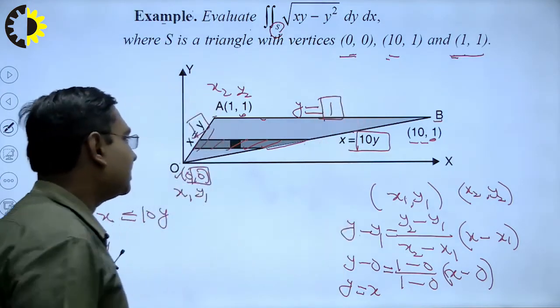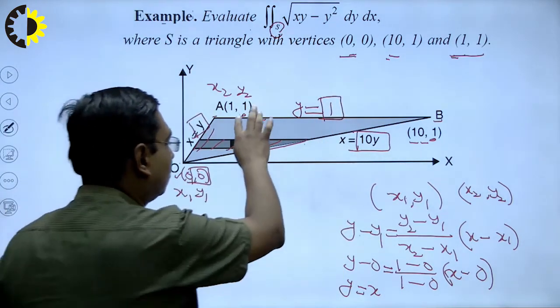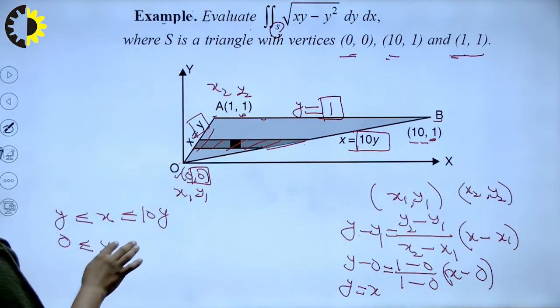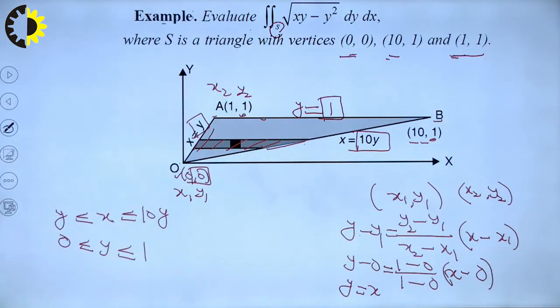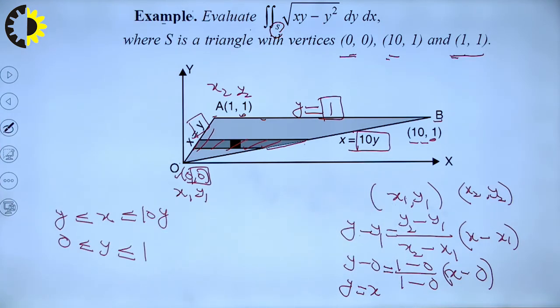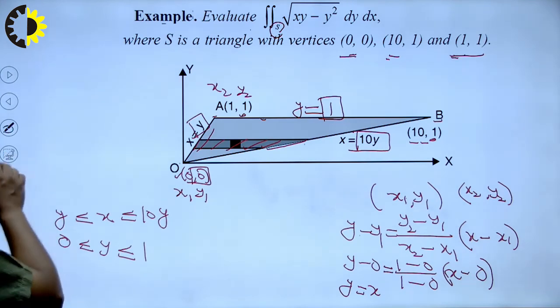The highest point of the region lies on this line y equal to 1. The value of y on this line is 1. So, the limits of y will be from 0 to 1. Applying these limits, the integral will be evaluated. These are the limits placed here.